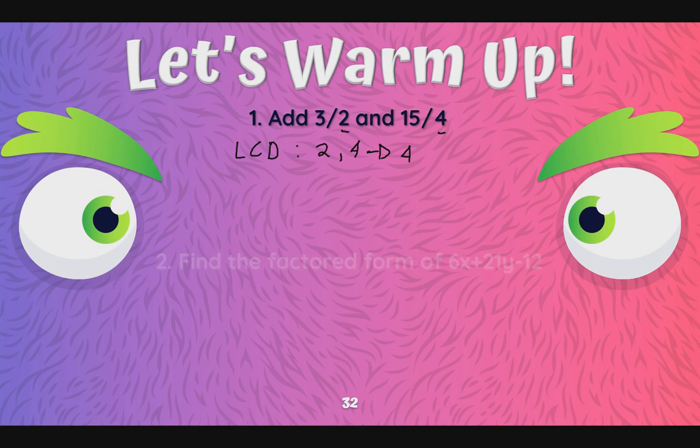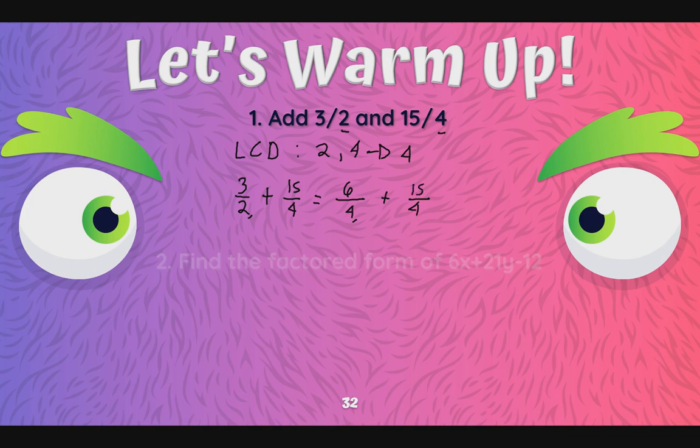So in converting 3 halves and 15/4, we need to write two fractions with 4 as denominators. So let us now convert 3 halves. 4 divided by 2 is 2, times 3 is 6. Since 15/4 has already 4 as its denominator, we will just copy it.